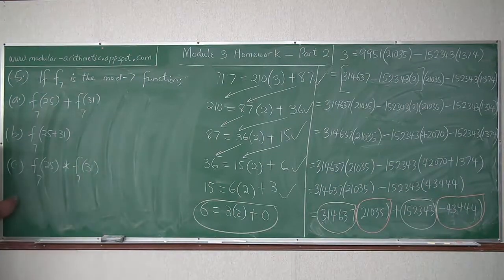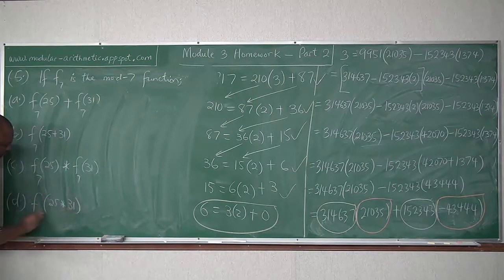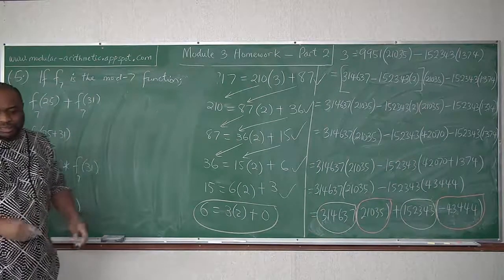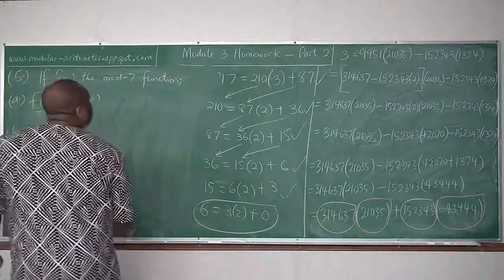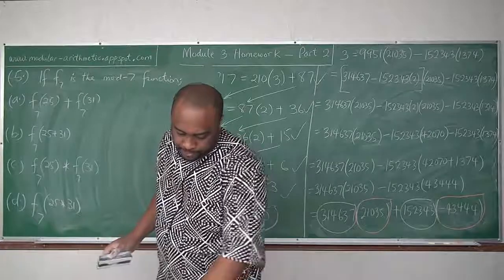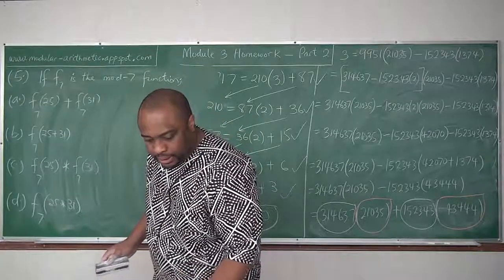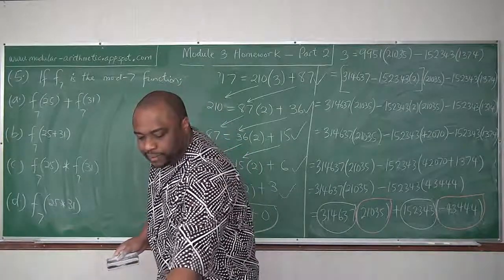And then D, 25 times 31 mod 7. I think that is what they asked us to find for question 5.